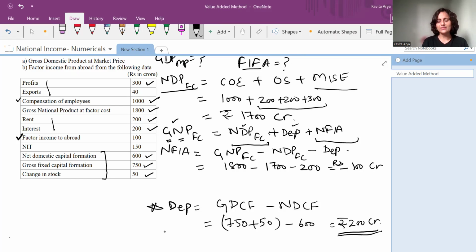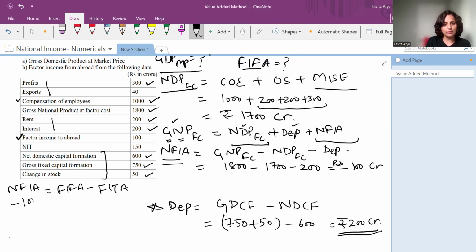And what is required? I need GDPMP and FIFA. So again, I'm writing here because I'll just scroll it down, as I'm having some shortage of space to write. So first, let us sort out NFIA. NFIA we have of minus 100 value. NFIA is equal to FIFA from abroad minus FIFA to abroad.